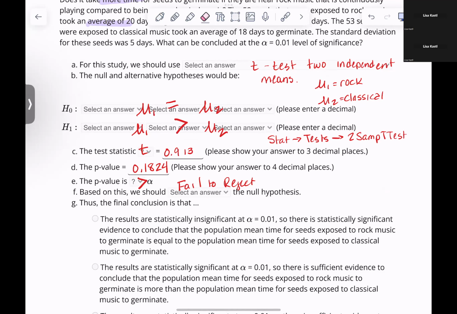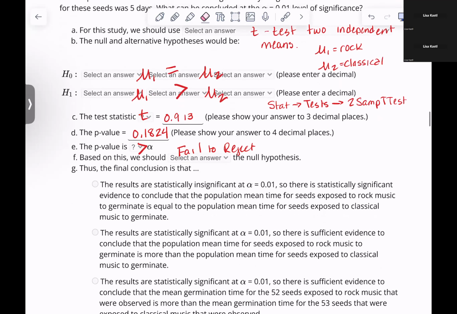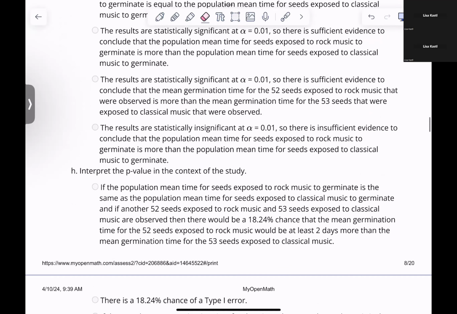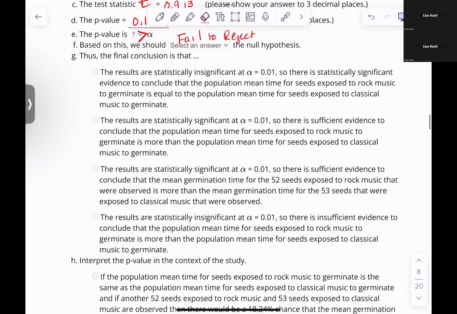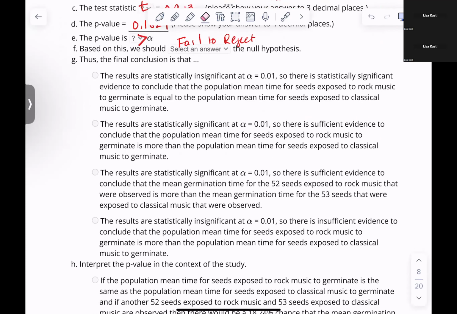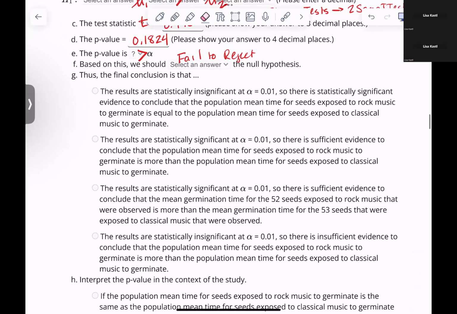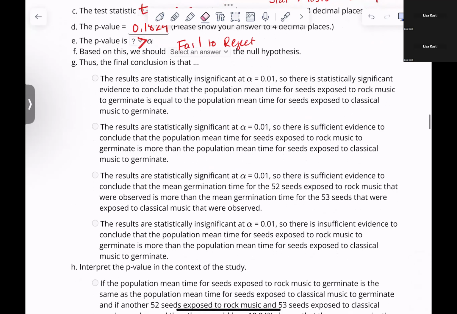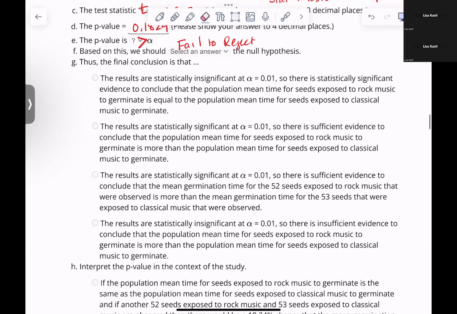Okay, so what conclusions do we have? The results are statistically insignificant. It's the last one, is it not? You agree? It's because it's statistically insignificant and we're looking at a population mean.